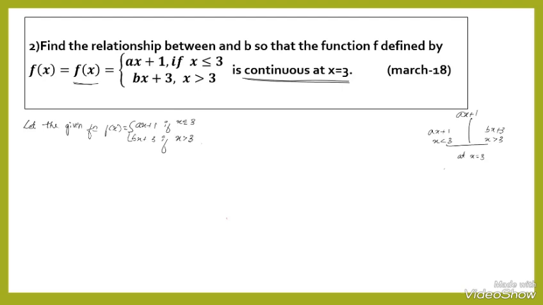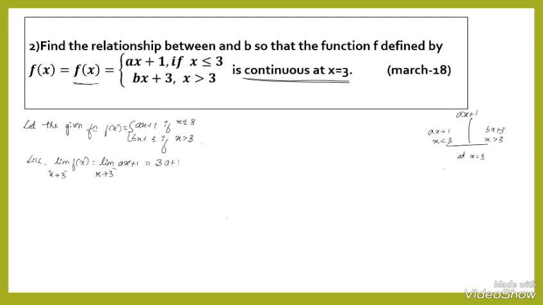Now I am directly checking the left hand limit, right hand limit and main function. Because the function is continuous, first the left hand limit: limit as x tends to 3 minus of f of x equals the limit as x tends to 3 minus of the value for x less than 3, that is ax plus 1. Substituting x equals 3, the value is 3a plus 1.